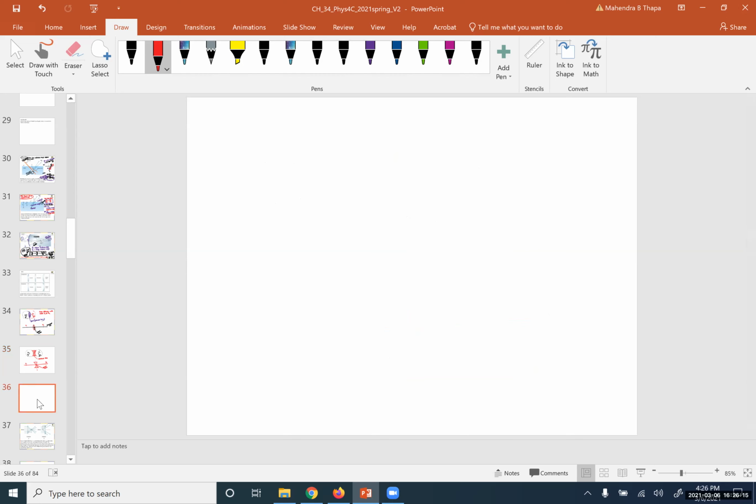Okay, let's define the focus. How do we define focus? Let's take a convex lens. This is the axis of the lens, so be careful that this is the principal axis. This is the optical center.